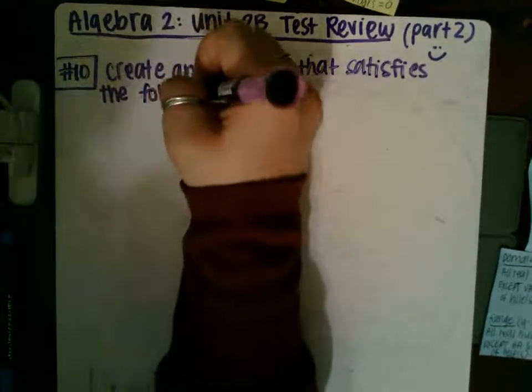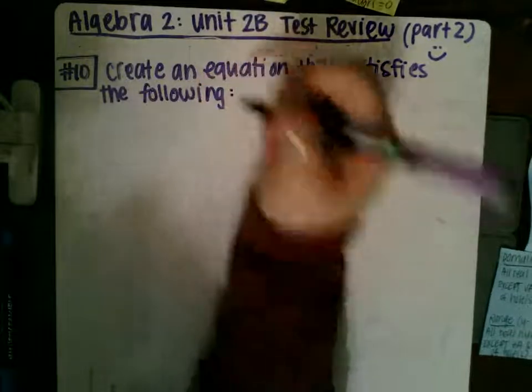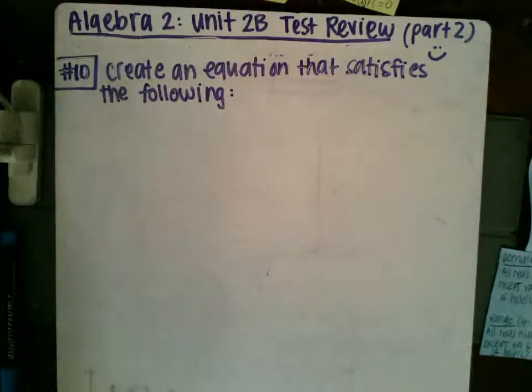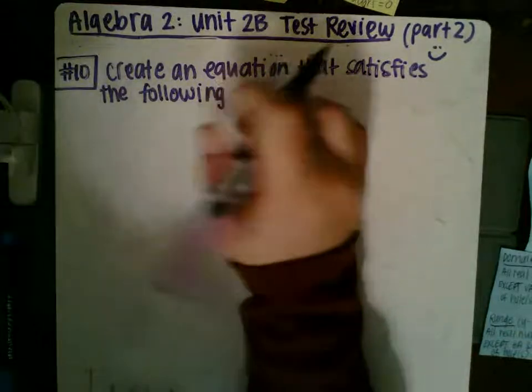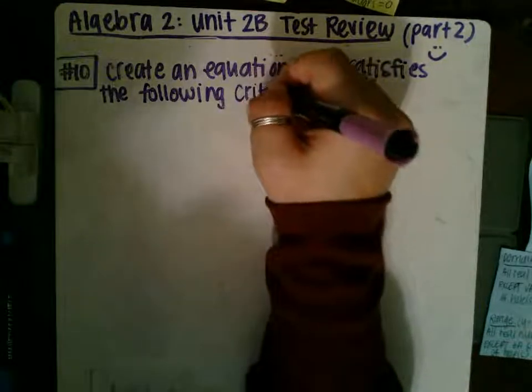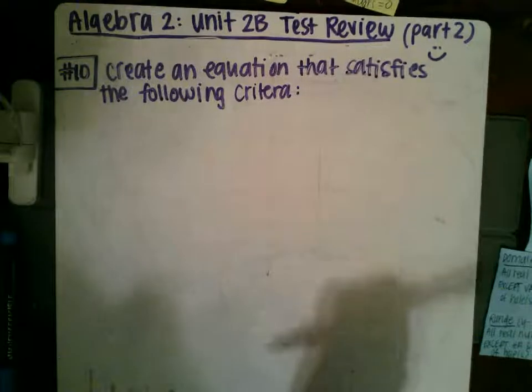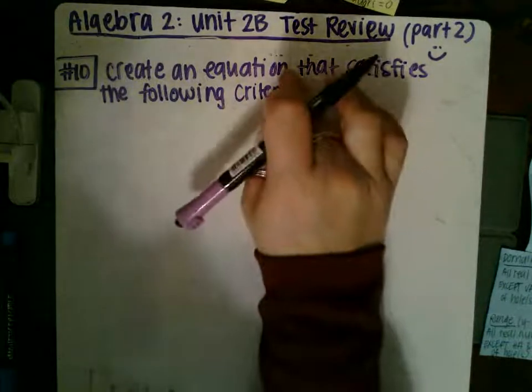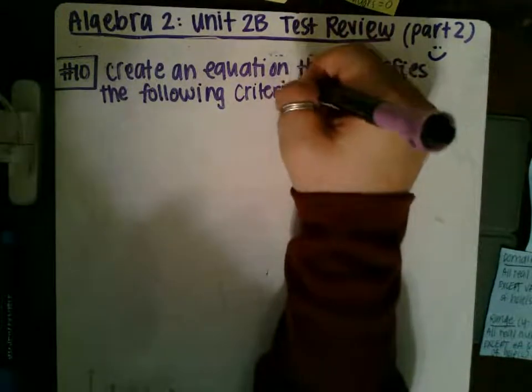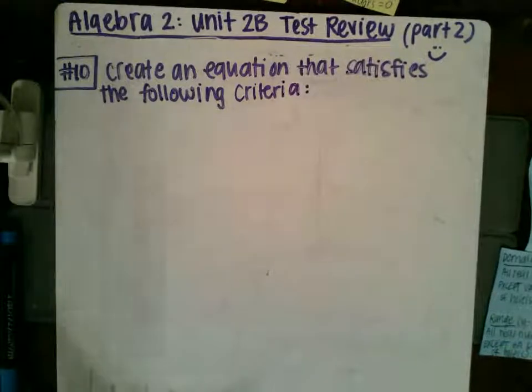And it's going to give us 3 pieces of information that it has to satisfy. 3 criteria. It actually says the following criteria. I don't think I spelled that right. Criteria.